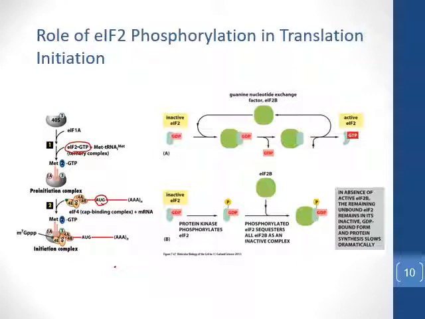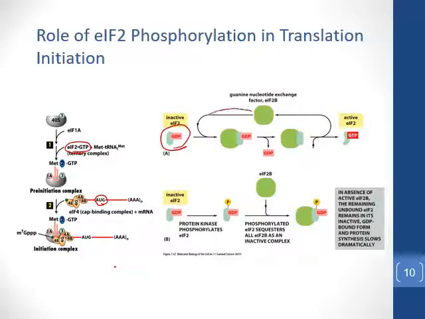Now, like all G proteins, EIF2 will become inactive when the GTP is converted to GDP. So let's say that you've got an inactive EIF2. Well, how are you going to activate EIF2? Same way you activate every other G protein. You need a GEF, a guanine nucleotide exchange factor. That's the GEF for EIF2.